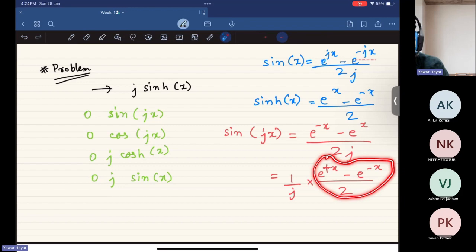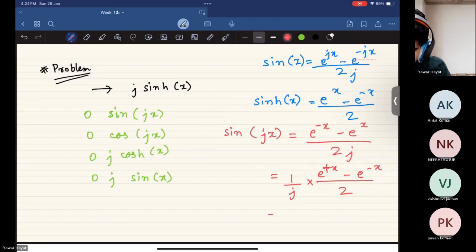What is this? Does this look like sinh x? Sine hyperbolic of x. And what is 1 by j?